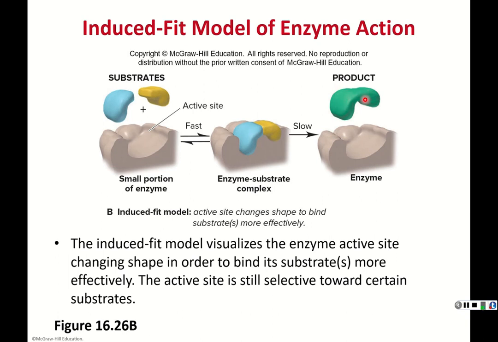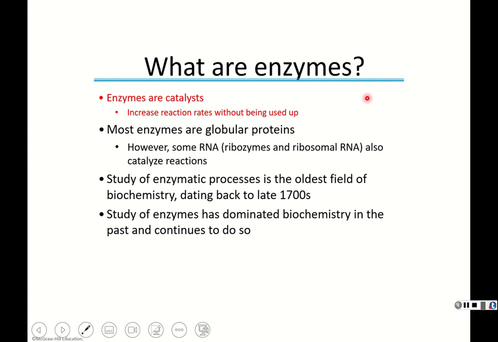So I think that model is probably better. In this class, you're not going to be tested over the differences between the two models. It's probably enough for you to understand right now that an enzyme is just a type of catalyst. All right, and this slide's from my biochemistry class. What are enzymes? Well, enzymes are catalysts, and that means they increase the reaction rates without being used up.